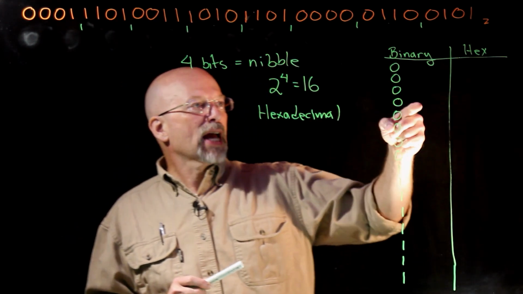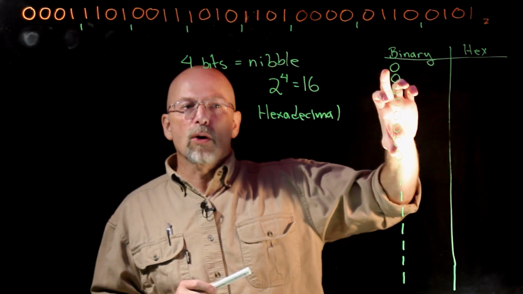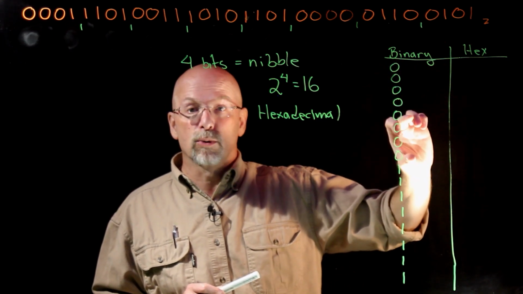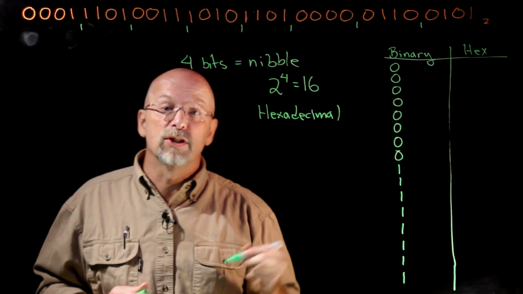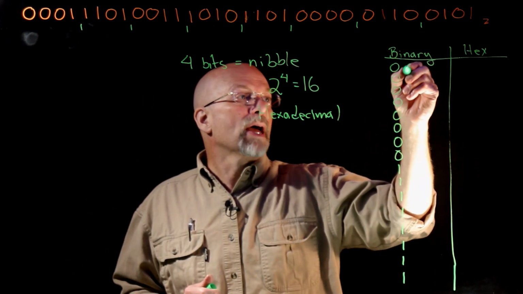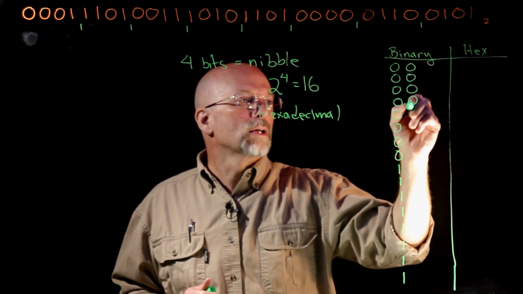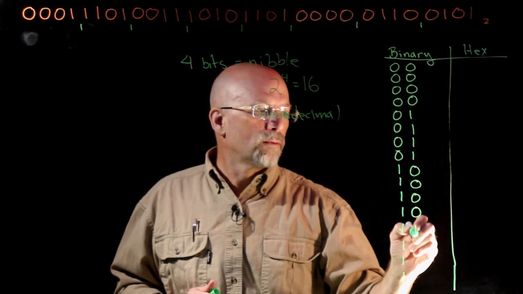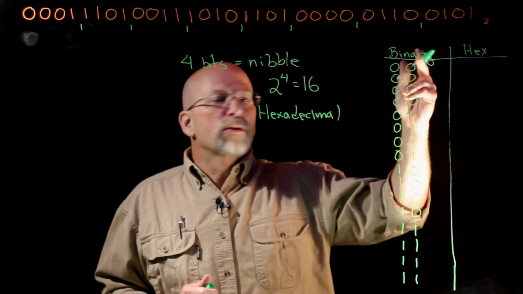Now, for the second digit, of the ones that start with 0, half of them, the second digit will be 0, and half of them, the second digit will be 1. The same is true for the ones that start with 1. So now we have 4 zeros, 4 1s, 4 zeros, 4 1s. Third bit.